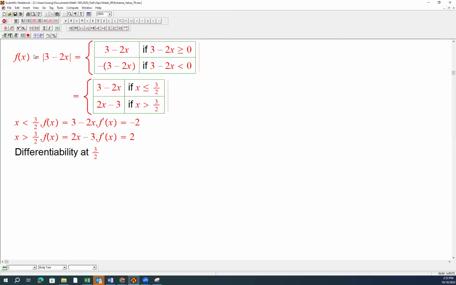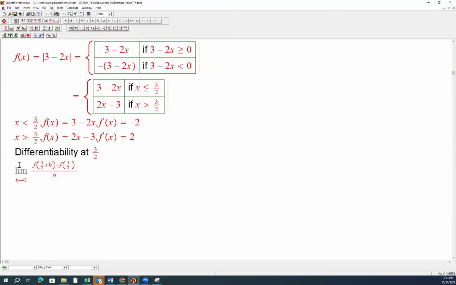So is function f differentiable at 3/2? In this case, we have to use the definition: f of (3/2 plus h) minus f of 3/2, divided by h, taking the limit as h approaches 0.